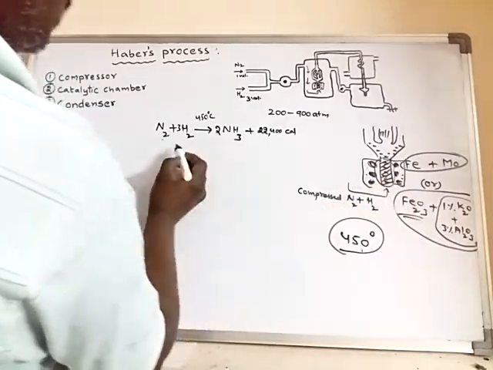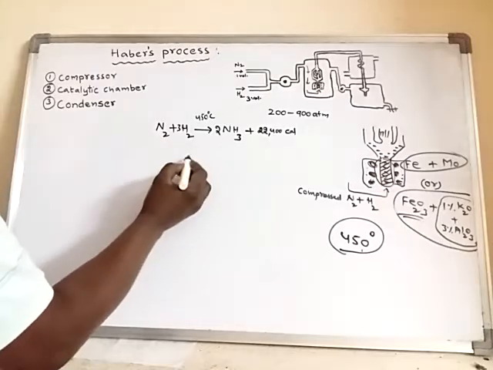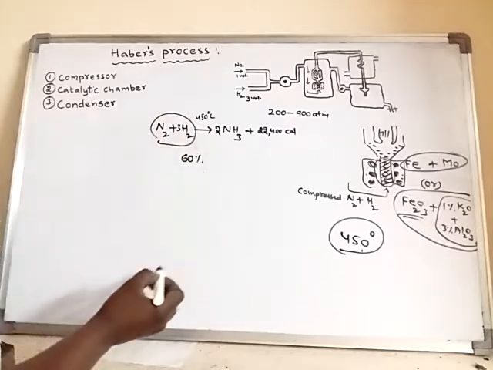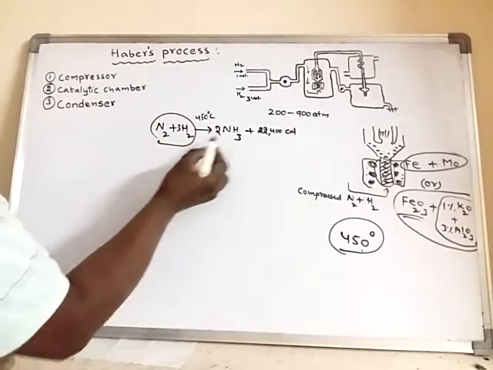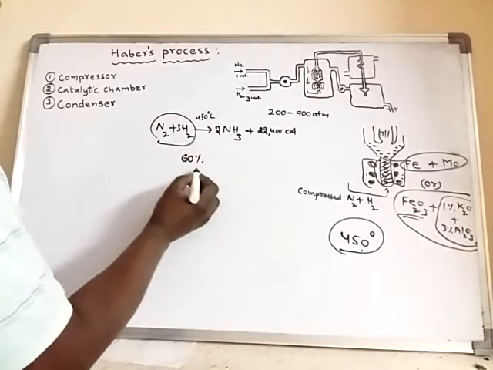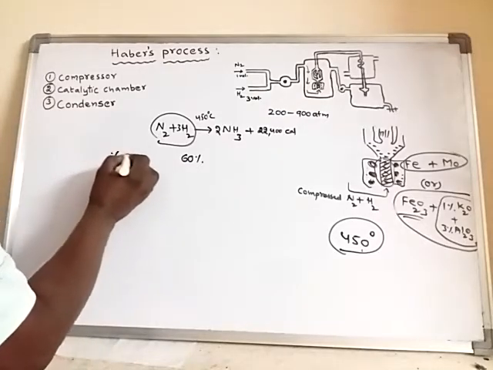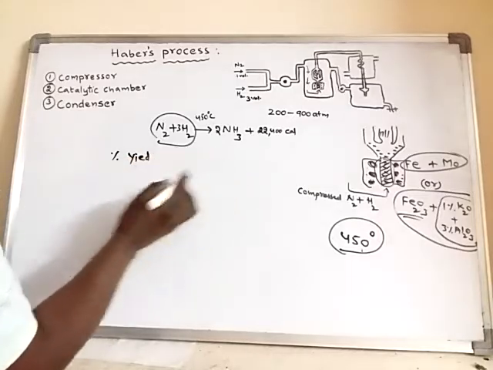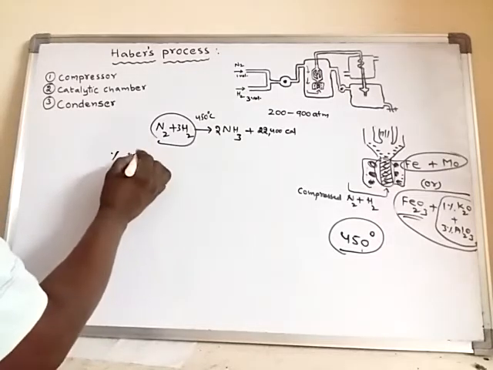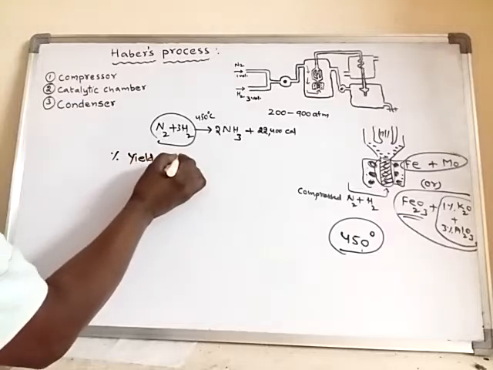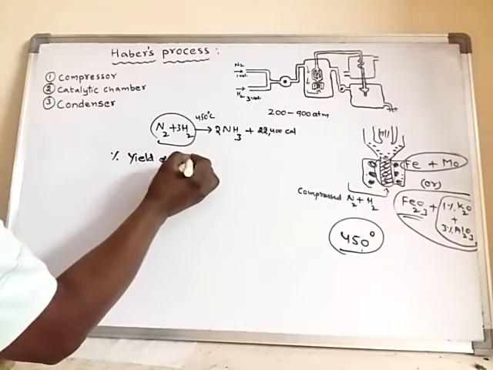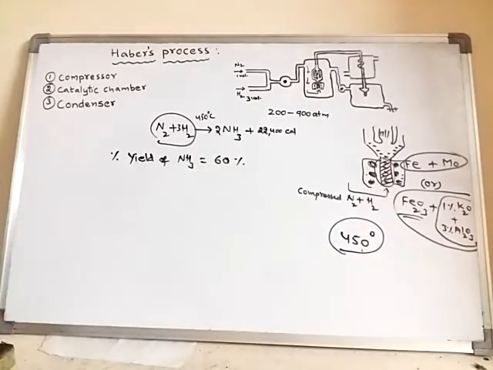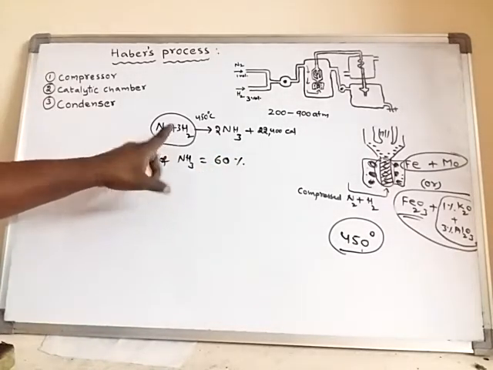In this process only 60% of the gas mixture will react with each other to form ammonia. So the percentage yield of ammonia is only 60%, because 40% of the gas mixture does not react.